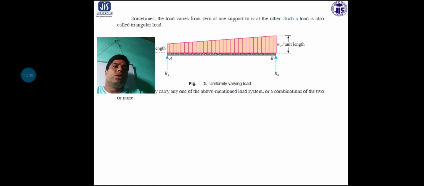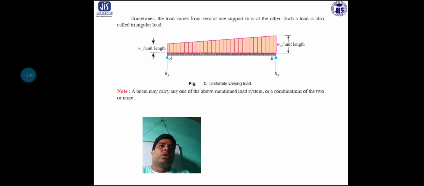If you see this figure, at point A the load is W1 per length, and at point B it is W2 per length. That means the load varies from point A to point B, increasing or decreasing gradually.